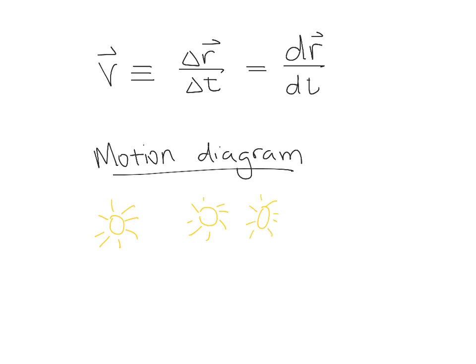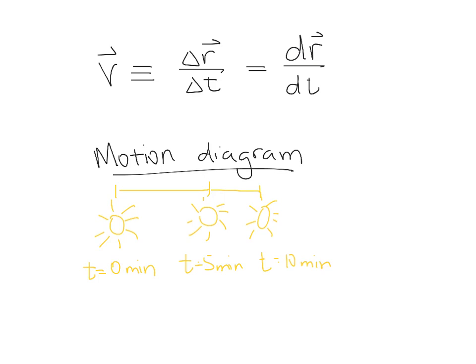And what makes something a motion diagram is if this picture is taken with an equal amount of time between the first and the second picture as between the second and the third picture. So you can look at a motion diagram, and by the distance between any two successive images, you can get an idea of the average velocity between those two times.